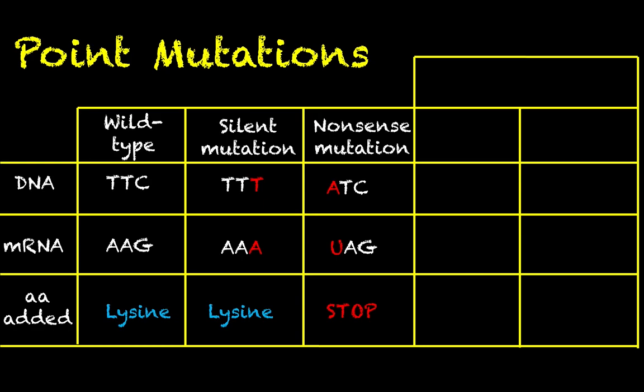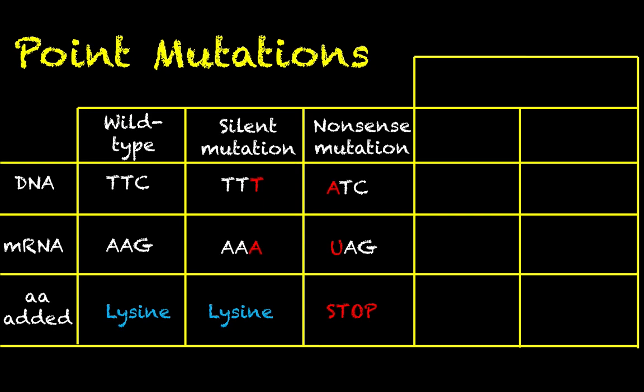If this mutation is found near the beginning of the coding region for that particular gene, then the protein that ends up being made is going to be much, much shorter than it should be. So if a protein is supposed to be 1,000 amino acids long, a nonsense mutation that occurs very early on in the reading frame may cause this mutated protein to be only about 50 amino acids long.